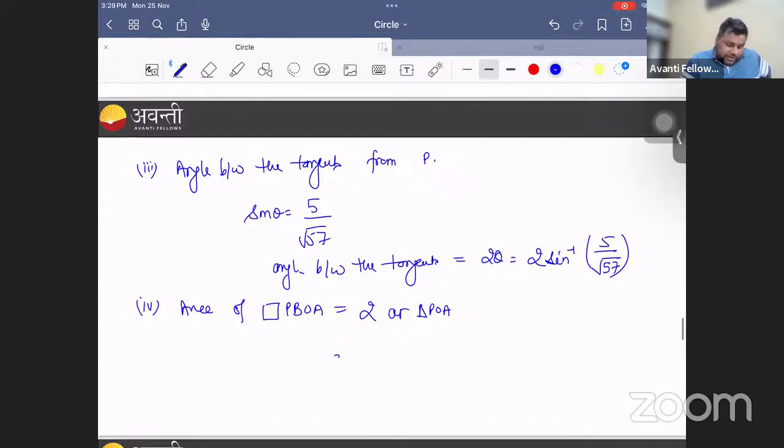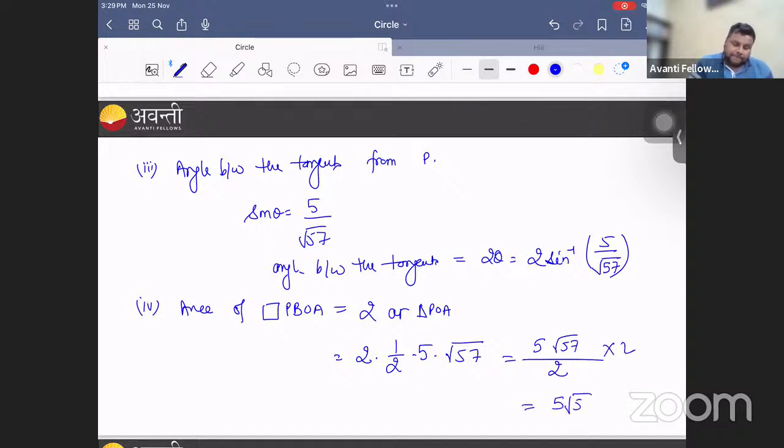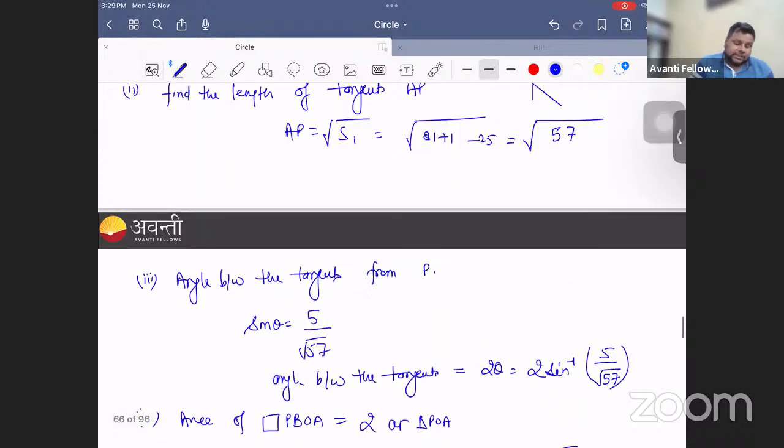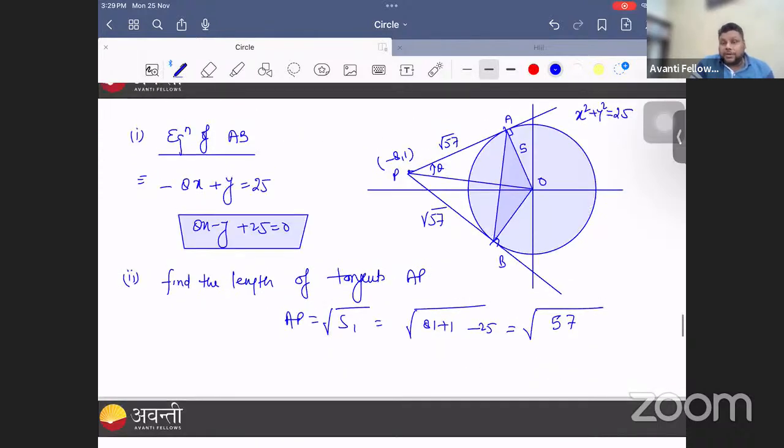So that is 2 times the area of triangle POA. Base root 57, height is 5. So it is 5 root 57 upon 2, and then you double it. So it is 5 under root of 57. Got it?